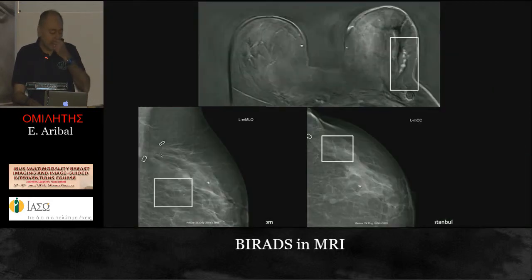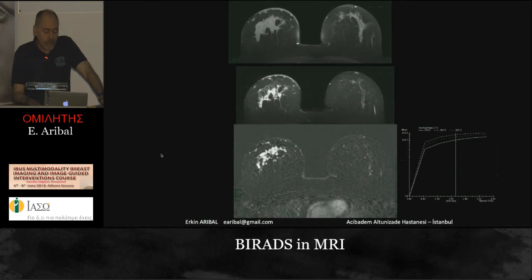And MRI showed a linear pattern of clumped contrast enhancement, which is highly suspicious. And this one is a non-enhanced mass, which was reported. This is another case that I showed that is different from the one that I showed earlier in my talk.